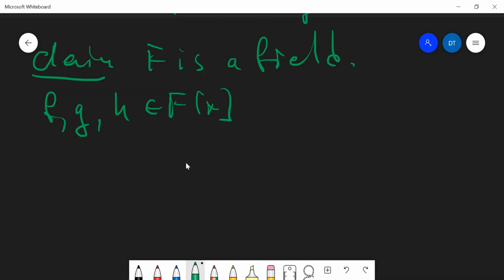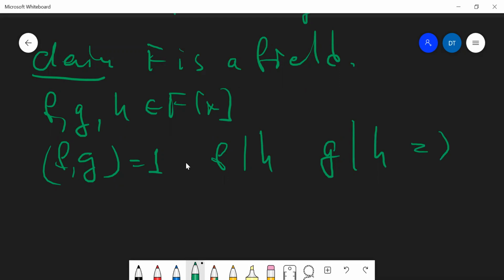Suppose that f and g are coprime, which means that their greatest common divisor is 1, and both of them divide h. F divides h, and g divides h. Then the product fg divides h.